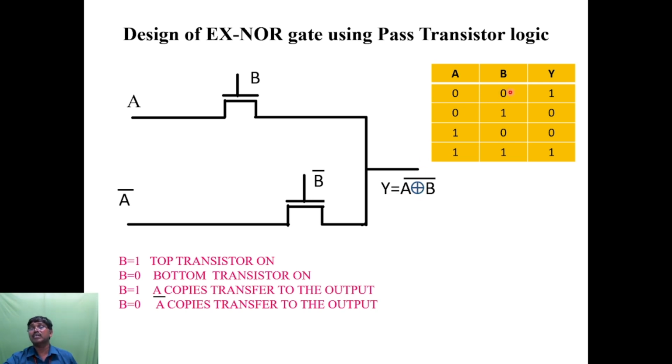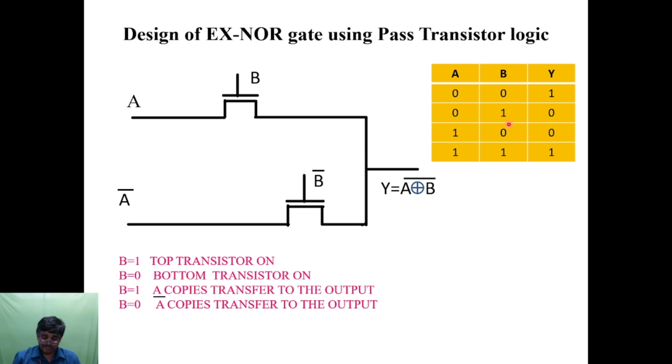Now we will check the conditions. Control input B is 0. What happens? We check the data input: when A is equal to 0, what about the output? It is 1. Again, control input is 0, and data input is 1, and the output will be 0. That means 0 gives 1 and 1 gives 0, which means inverting.